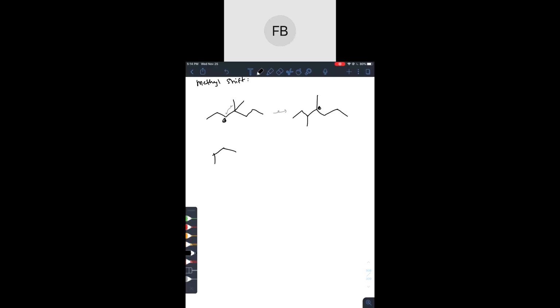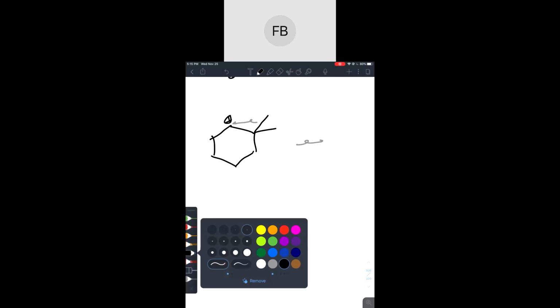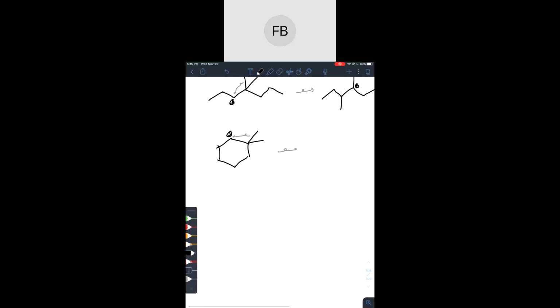Here's an example with a cyclohexane, because that's something that we need to be able to see as well. So in the cyclohexane example, it's the same thing, a methyl shift. And all that's going to happen in this case is we do this, the two things there, and there's a positive charge there.